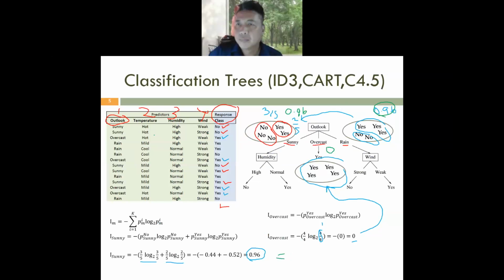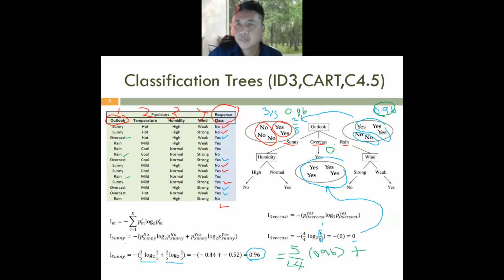We use the weightage here. So how many data do we have here? 5, 4, 5, which makes 14. Over here we have 5, so 5 divided by 14, times 0.96.